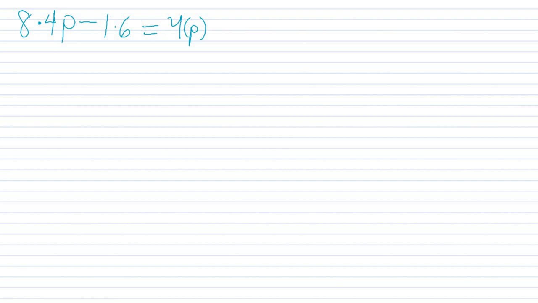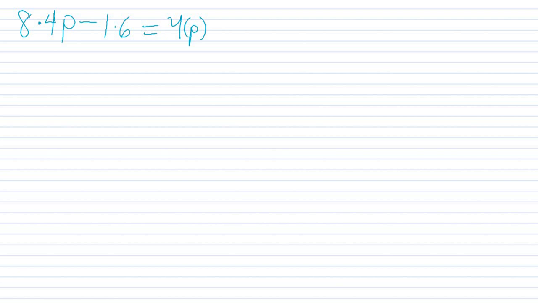Now the first thing I would like you to know is that the main variable we're working with here is the variable p, right? So remember how many times in calculus, the main variable that we work with is x, and we have y of x or f of x. In this particular case, since the variable that we're working with is p, we're going to differentiate the function with respect to p.